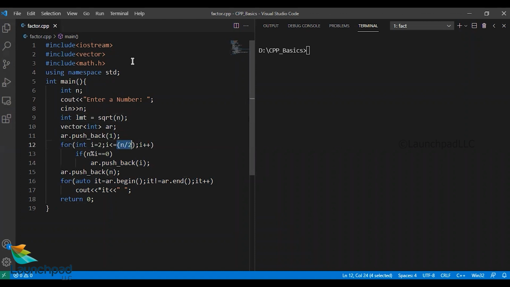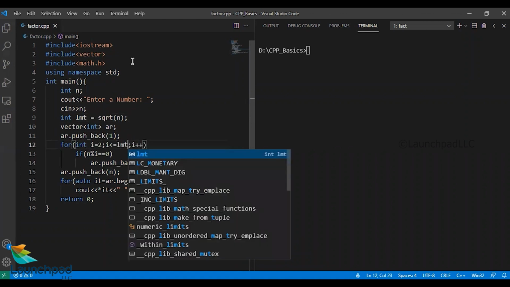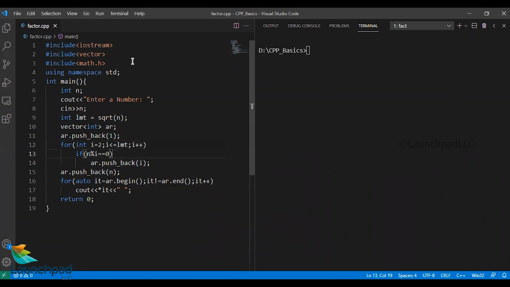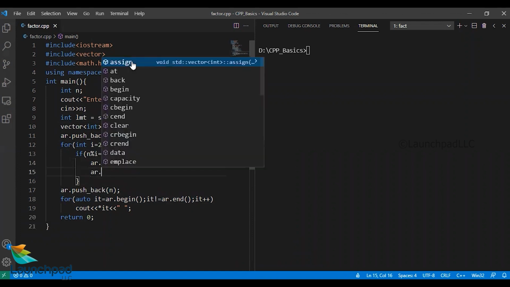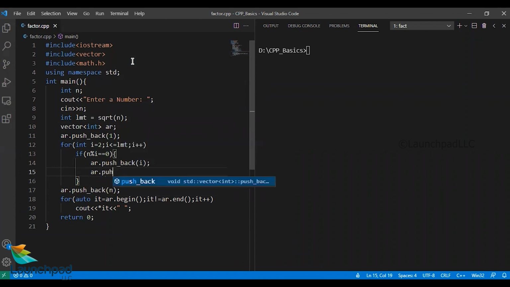So i less than or equal to lmt. It is not enough if we push back only one value. I need to push back 2 values: ar dot push_back of n by i. So this is done.